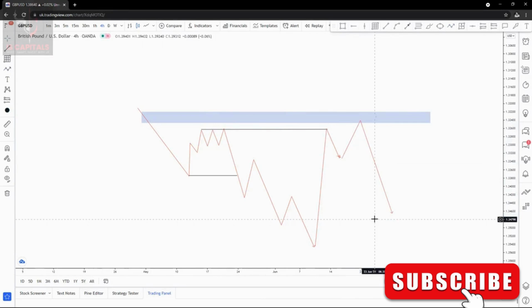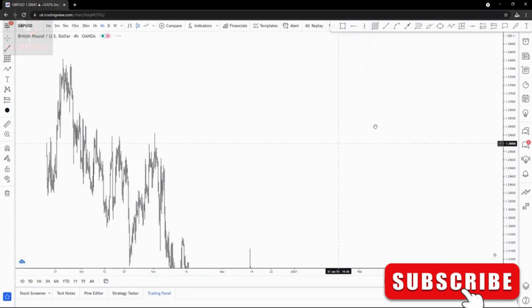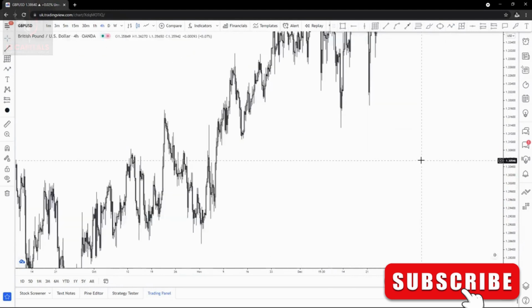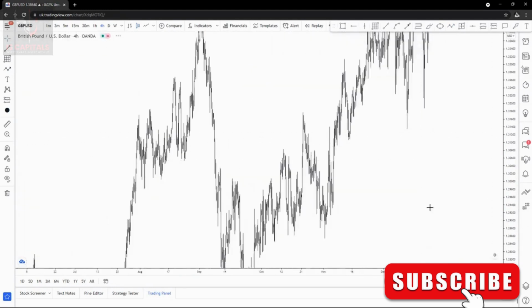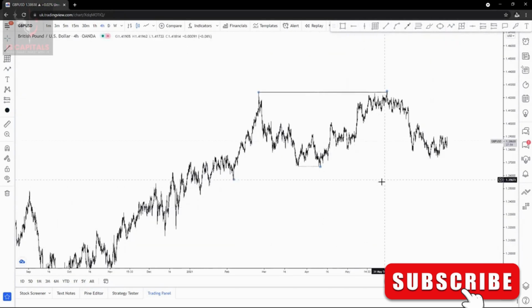Now, sometimes something like this might also happen: this is our order block, and the price went with a lot of momentum, came down here, and created liquidity here.